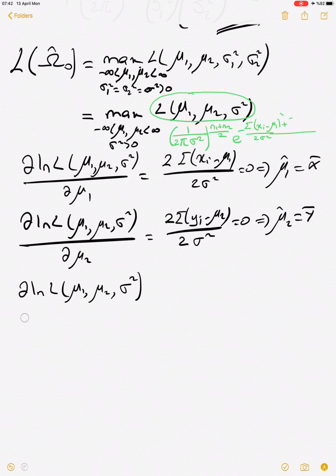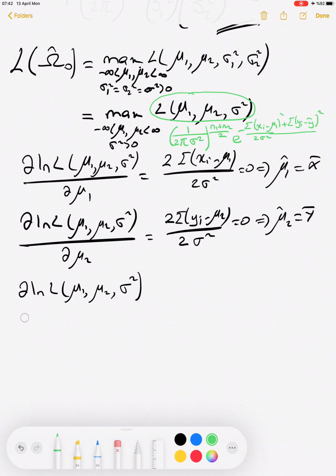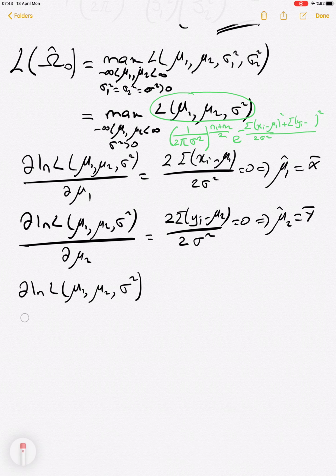Not y bar, sorry, this should be mu2, since we didn't maximize yet.